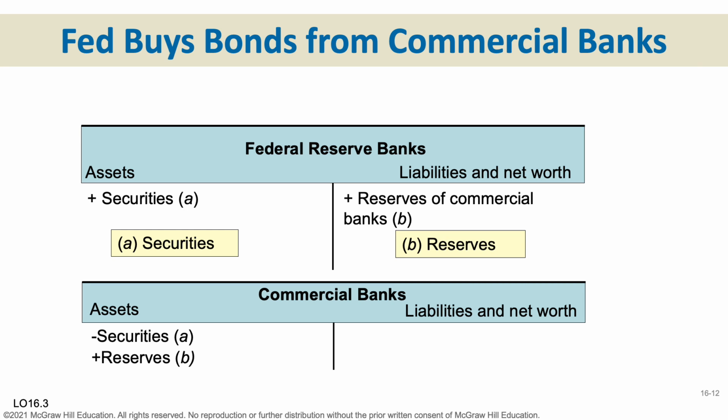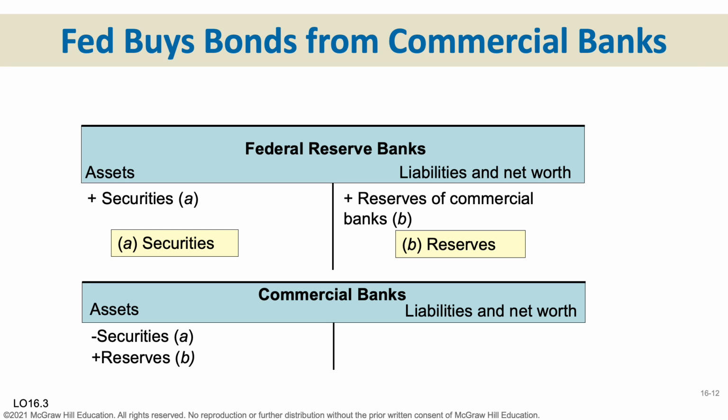Notice that securities and reserves are both assets at the commercial banks. So you can keep the balance sheet in balance by increasing and decreasing securities and reserves by the same amount.